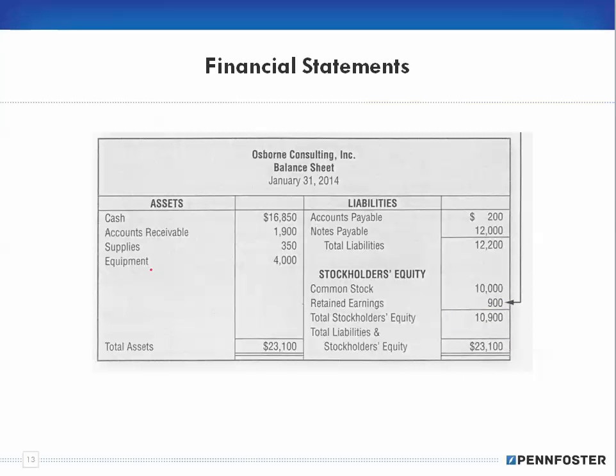Which now leads me to the graded project. When you get to the end of chapter 3, you're going to have a graded project, and you're going to have to create financial statements. You're going to be given examples of the financial statements. They don't look exactly like this retained earnings, this income statement, or this balance sheet.